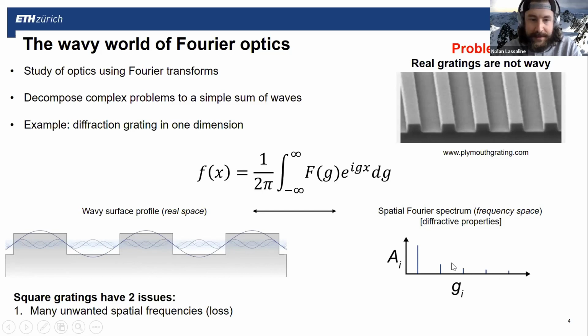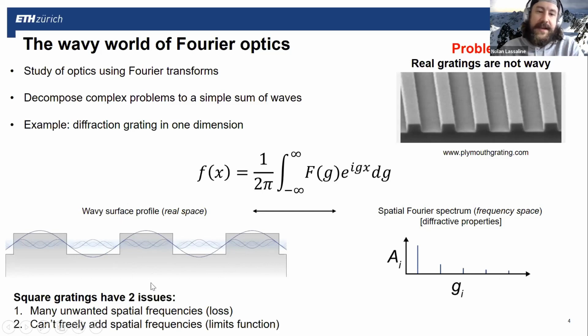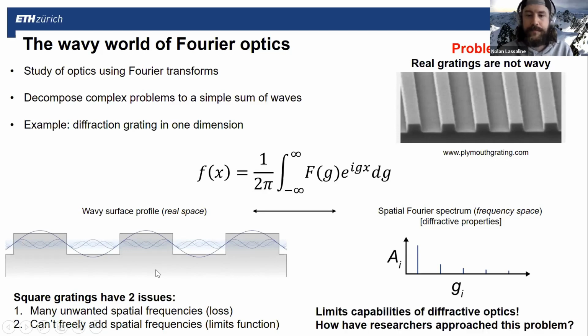So, as you can see here. And furthermore, you can't freely add spatial frequencies because, again, this would require being able to control the wavy profile of your surface. And actually this limits the function that you can achieve with diffractive optics because you can't include the components that you want.